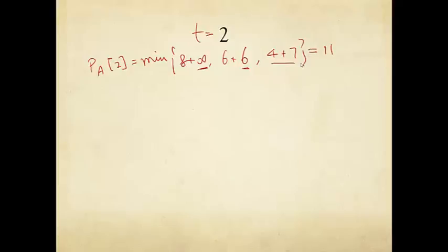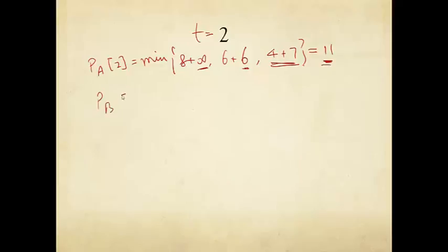You should write on a separate sheet of paper exactly which node you are using. This is purely computing the shortest path, but obviously you can also trace back the actual path itself, in addition to the cost of the shortest path. Good. So PA now is 11.